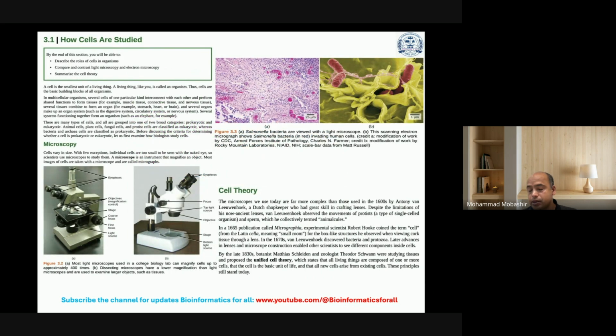There are different ways to study, but one of the most common and the oldest one is microscopy. Of course, there are lots of advancements in microscope technology. But you just need to understand that microscopy is one of the main sources to visualize the cells.